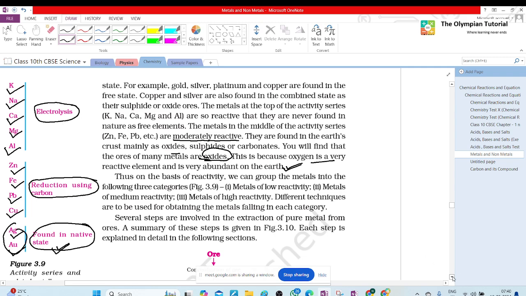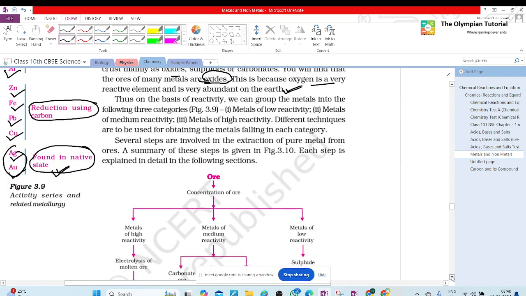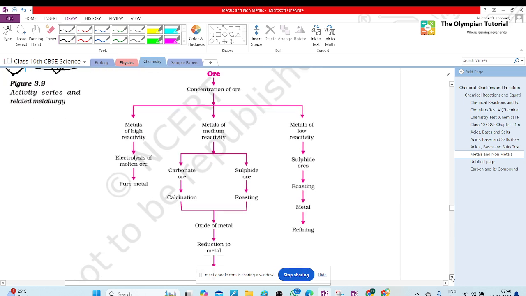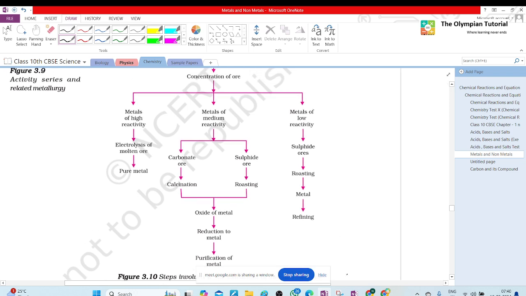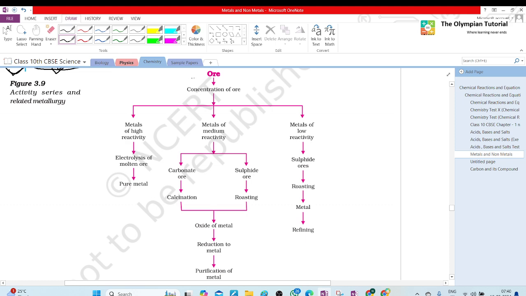So here it is the process which is given. Firstly, we will read it and after we will study it in detail. So this one, ore. Concentration of ore means impurity will be removed, it will be washed so that ore is more concentrated.